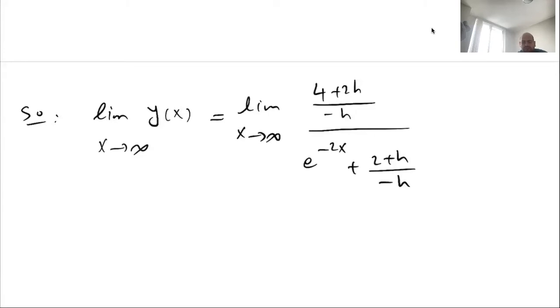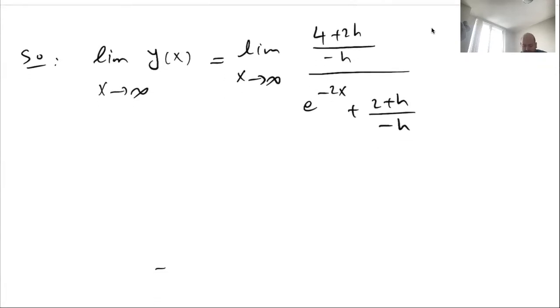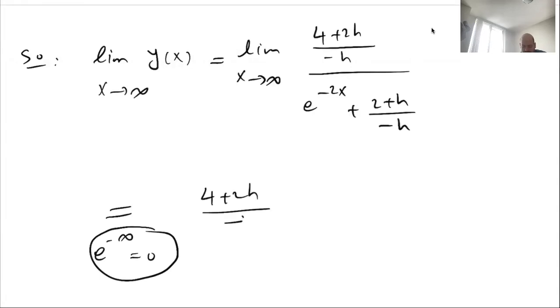Well, e to the minus infinity, we know it's 0. So this limit will be (4 plus 2h divided by minus h) divided by (2 plus h divided by minus h). And then this will cancel with this. And 4 plus 2h divided by 2 plus h is simply 2.